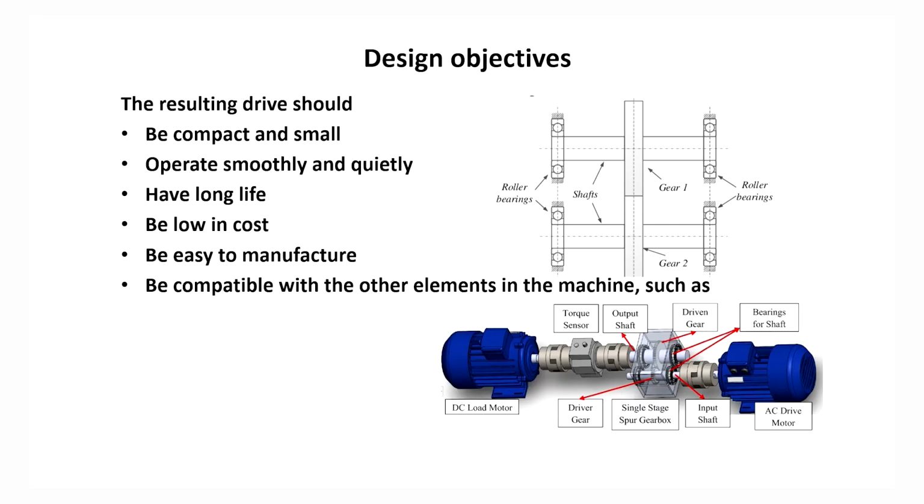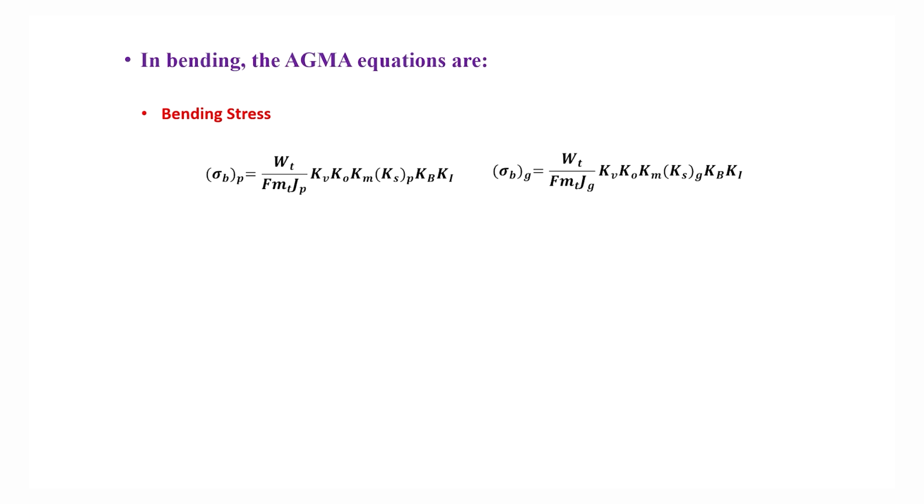These are the design objectives. We have to take care of the bearings which are used to transmit the power and support the shaft, then the housing, and the driver and driven machine. In bending, the bending stress equation is equal to WT times FMT JP.